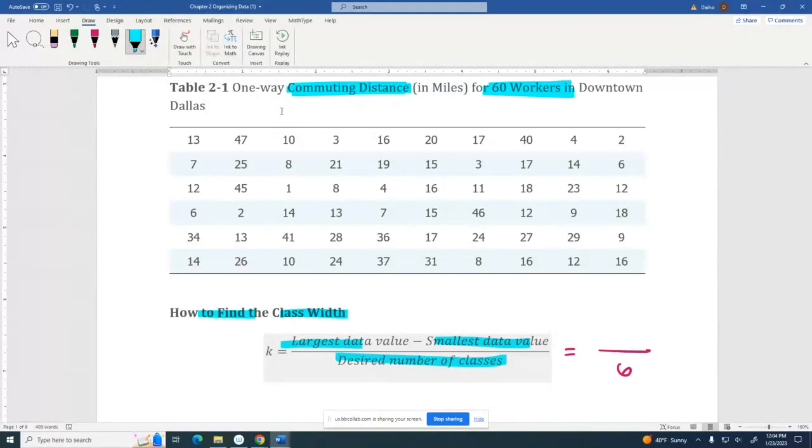So we take the subtraction: 47 minus 1. Let me take the subtracting. 46 divided by 5, please. Do you bring your calculator? If not, please use your smartphone. The difference, 46 divided by 5, please.